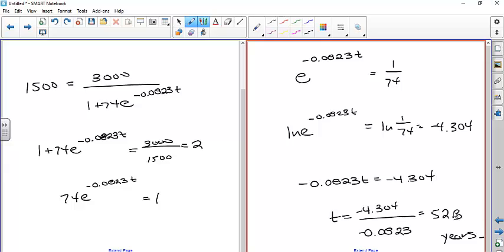Yeah, depending upon how much you round it off. Some people got 53.7 because you rounded off to 0.08 instead of 0.0823. So anyway, it was around 53 years.